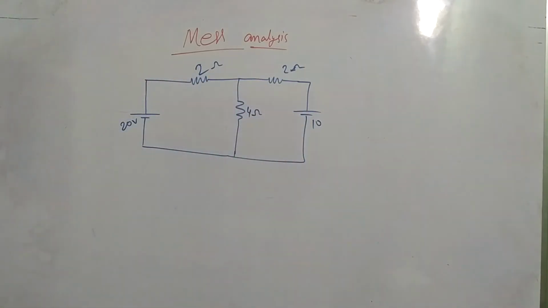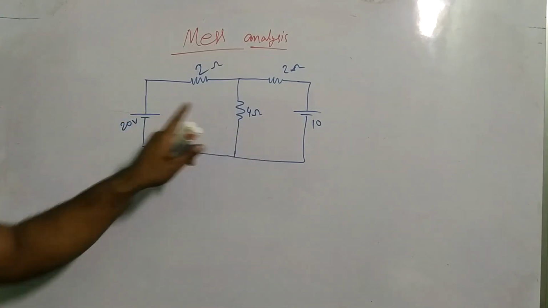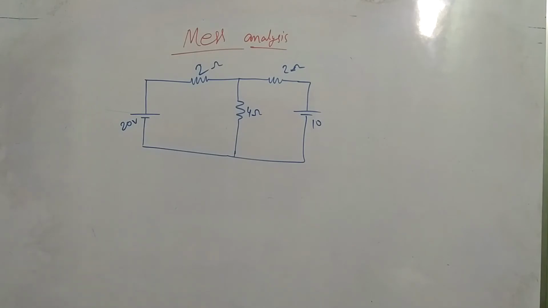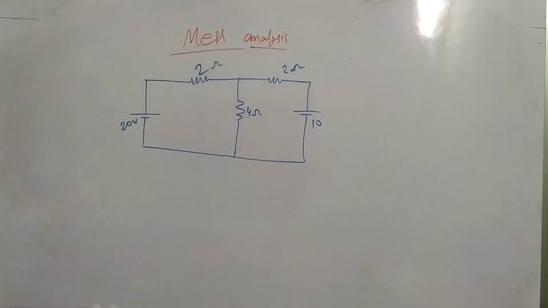But mesh means only taking this small loop. If I consider this as a mesh, that is wrong.